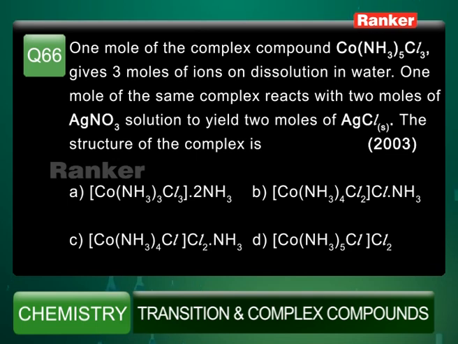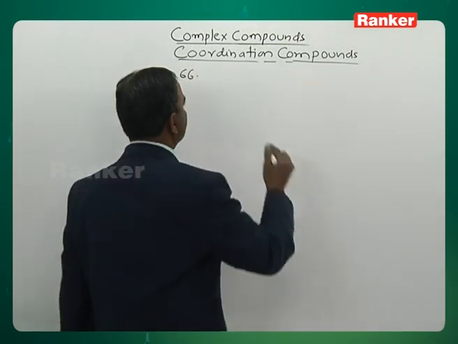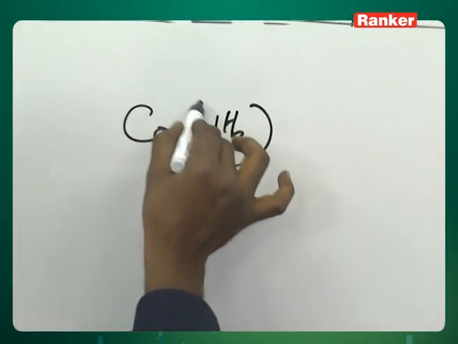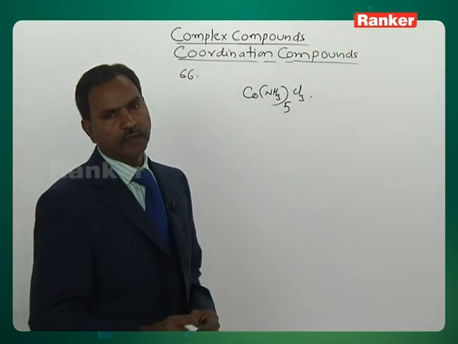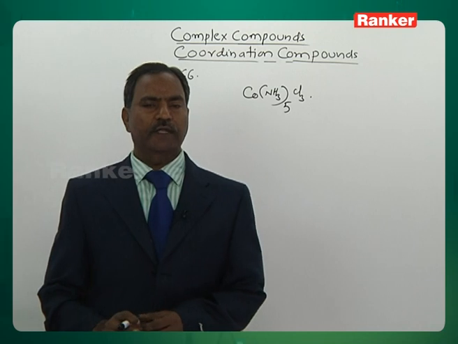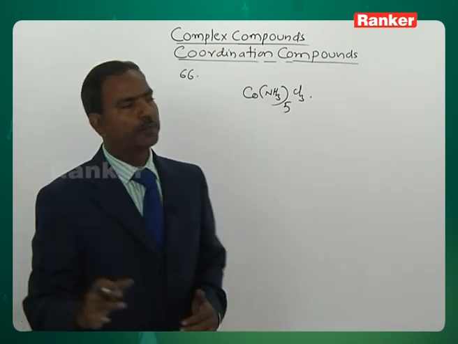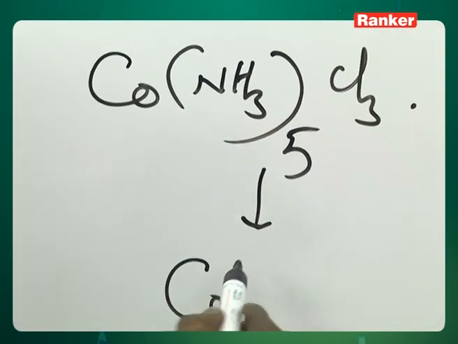The structure of the complex is. First, take the complex, what is given? [Co(NH3)5Cl]Cl2, this is the complex given. It gives 3 moles of ions on dissolution in water. 3 moles of ions means 2 chlorides should be outside. What actual formula of the complex can we write?